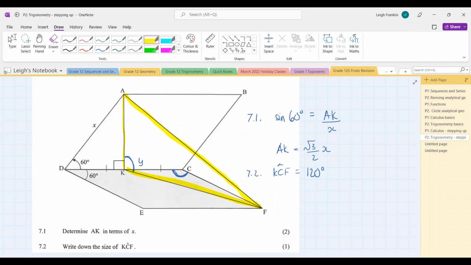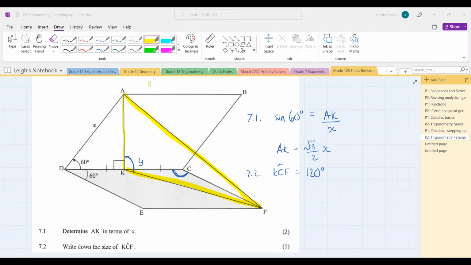Okay. They want the area of the triangle. Is AKF a right angle triangle? No, it's not. Remember, when we work with the area rule, because it's not right angled, we have to use the area rule, so we've got to use side angle side.